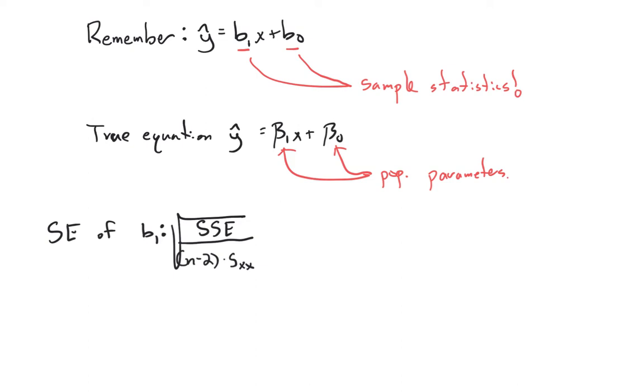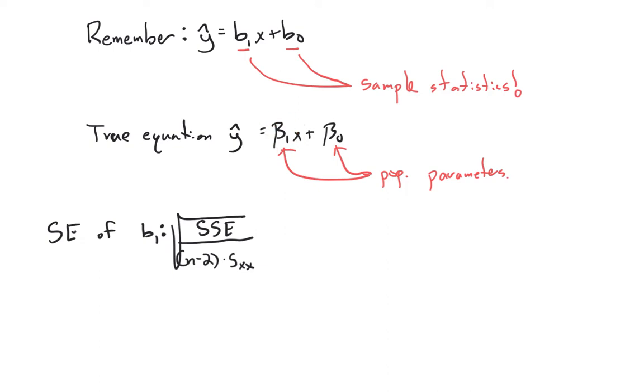If we used every point in the population to find a regression equation, then the slope and the y-intercept would be the true ones. So these are population parameters if we used every point in our population, but we usually just use a sample. So just like how x bar is a sample statistic for mu, little b1 is a sample statistic for beta 1 here.